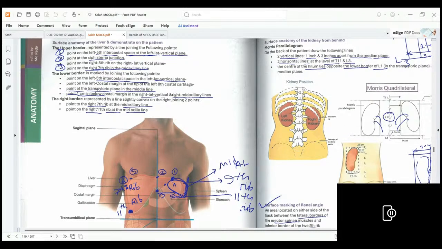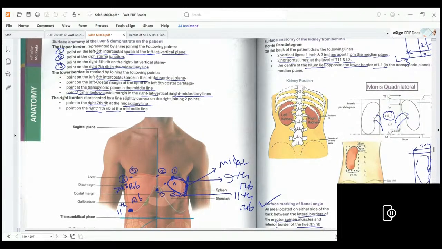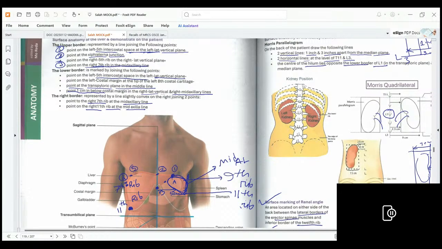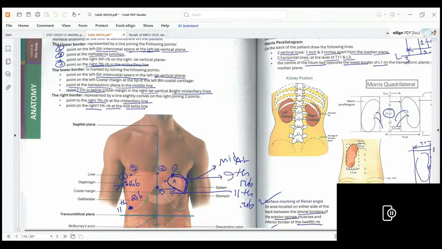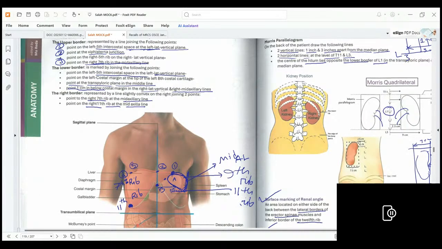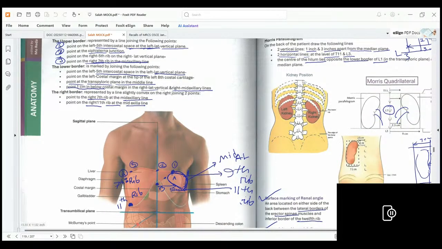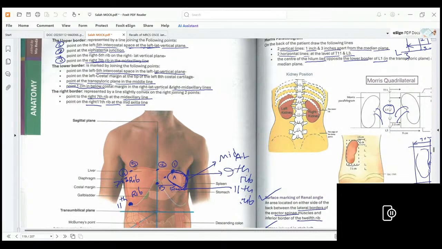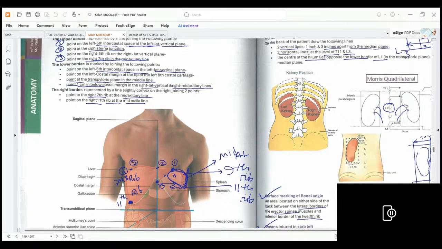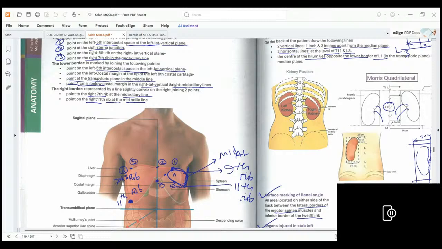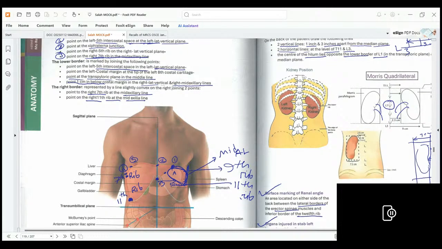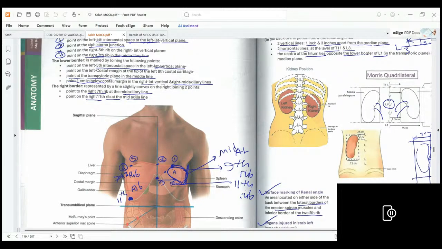Third point at the right fifth rib, a little high, at the right lateral vertical plane. And fourth point, the right seventh rib in the mid axillary line. Okay, this is the upper border.